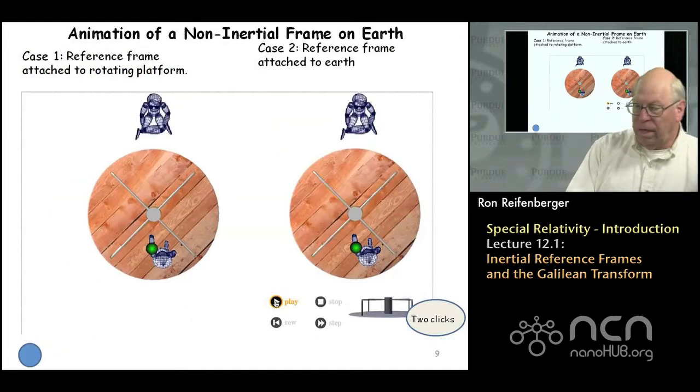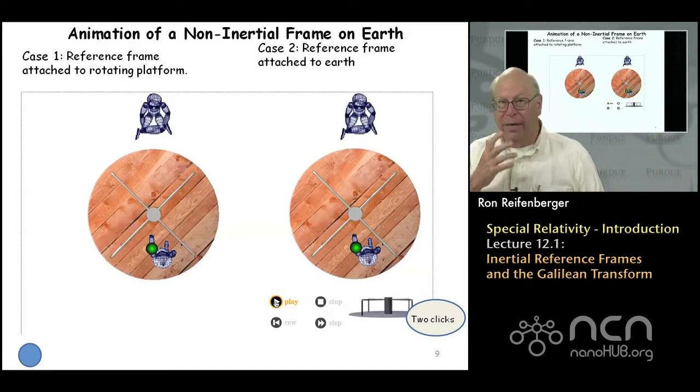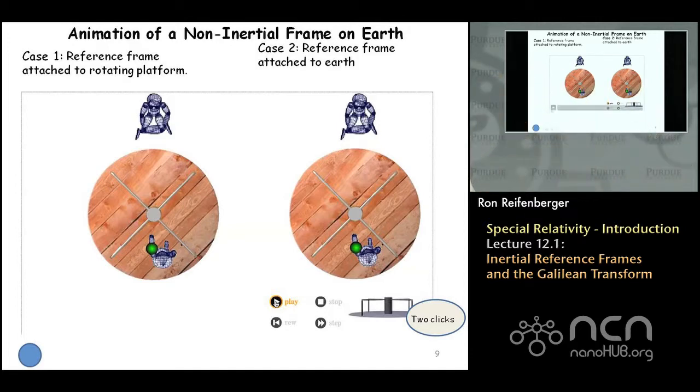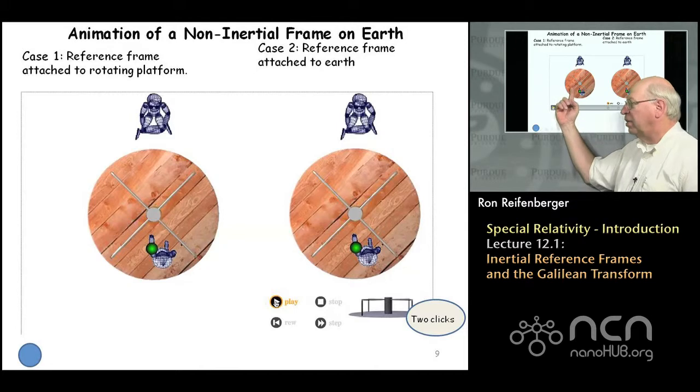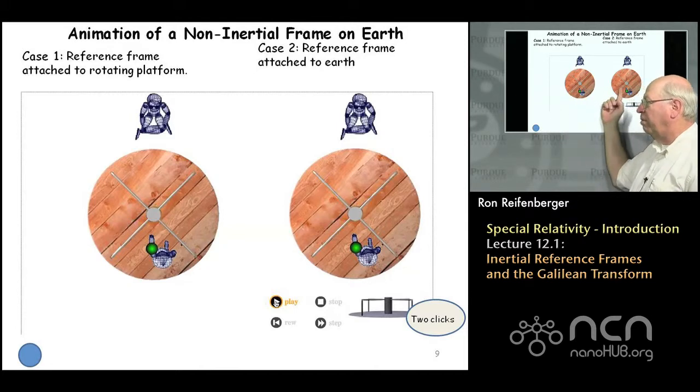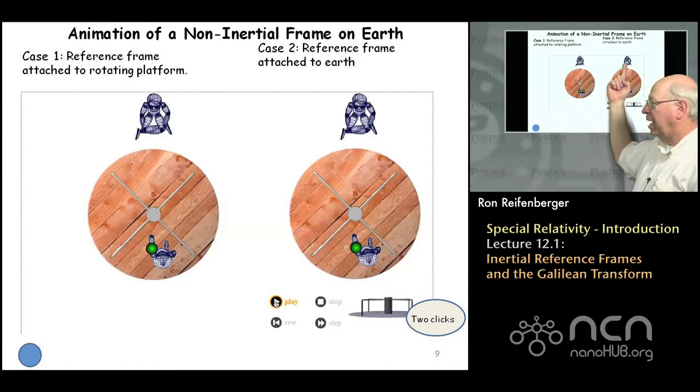On the next slide, I've put an animation of this experiment, and we'll run it real quick so you can see what it looks like. Here are our two scientists. We're going to start the platform rotating. This platform here has a camera attached to it, and this platform here has a camera attached to the Earth. So this scientist is going to appear stationary in our non-inertial reference frame, and this guy here is going to appear stationary in our inertial reference frame.